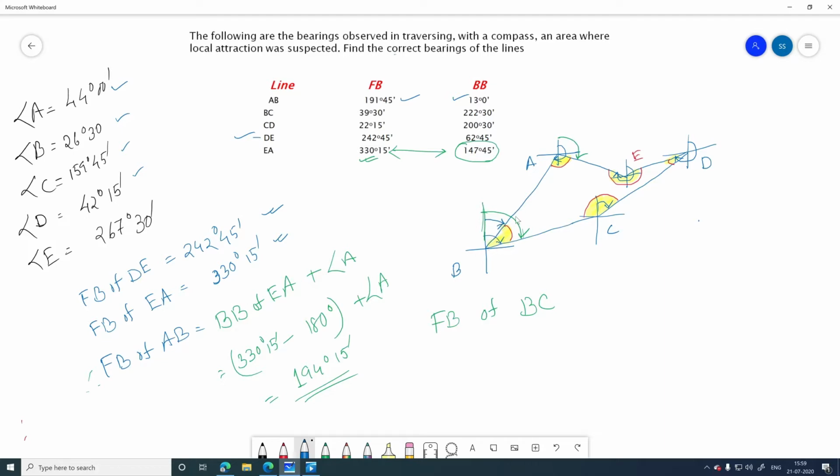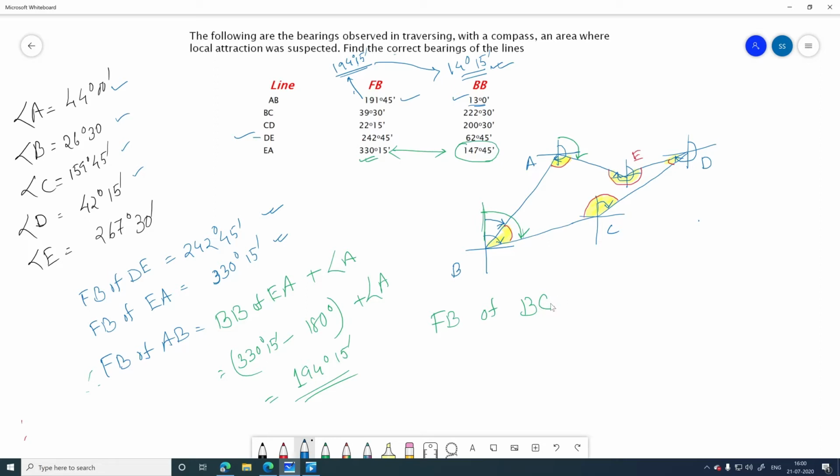The previous back bearing of AB was 13 degree 0 minutes, but we have made the correction in the forebearing of AB, which has become 194 degree 15 minutes. So the corrected back bearing is just this minus 180 degree, which is 14 degree 15 minutes. We will consider this 14 degree 15 minutes in spite of 13 degree 0 minutes, because that is not correct.